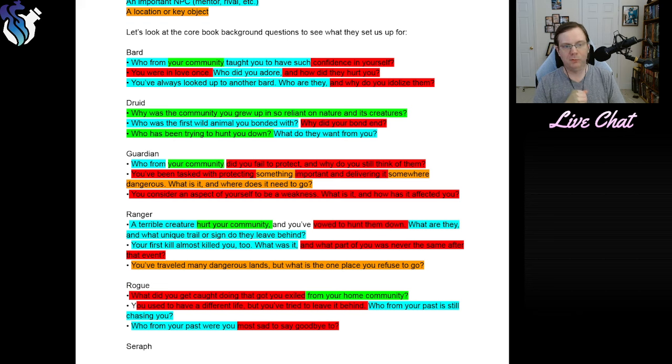And then number 3, you've traveled many dangerous lands, but what is one place you refuse to go? This is suggesting this character is probably worldly, but it's asking the player to create or describe some place that the ranger really doesn't want to go. And of course, they're going to have to go there in many campaigns, right?